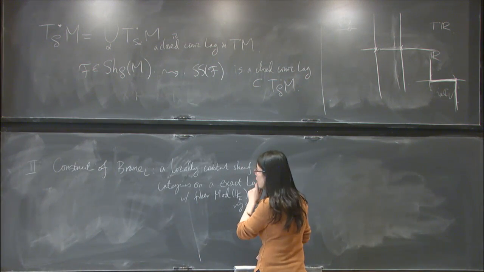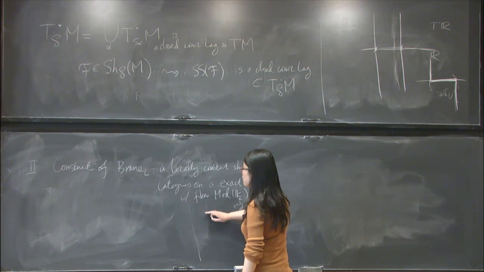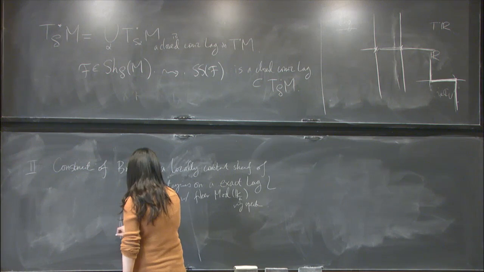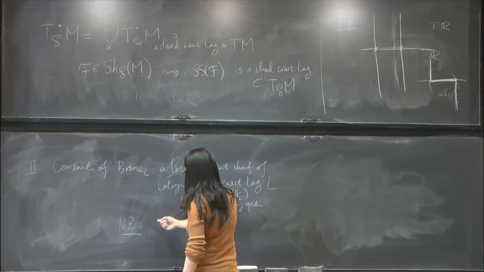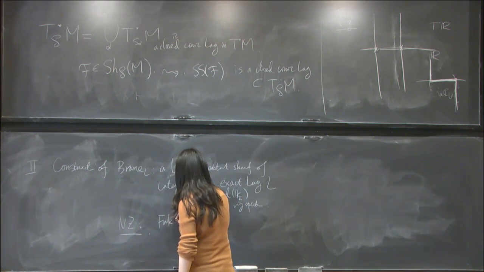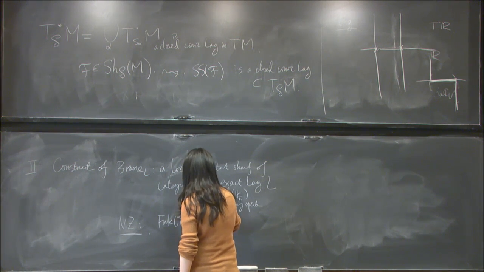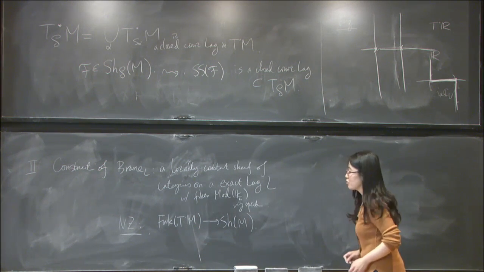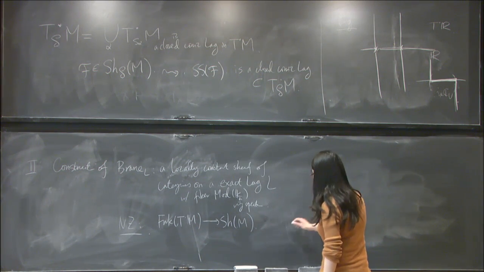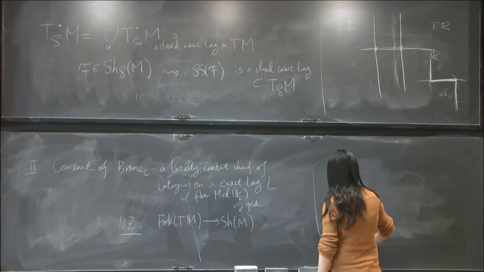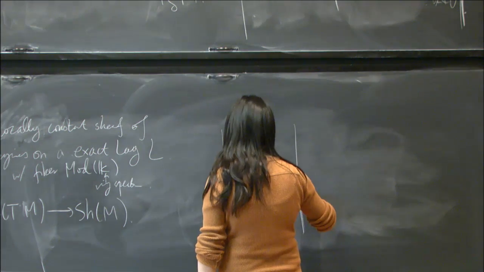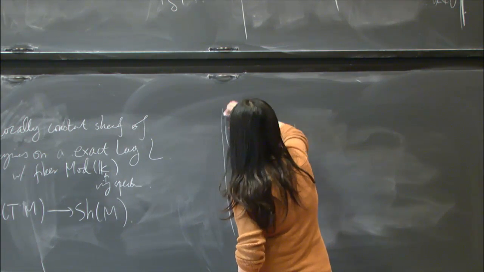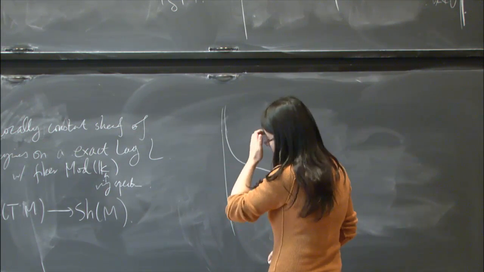Before talking about this construction, let me comment on one thing about this Nadler-Zaslow correspondence. This is from Fukaya categories to sheaves, which relies on Floer theory. Namely, to give this functor, one draws a Lagrangian brane with some asymptotic conical behavior at infinity.